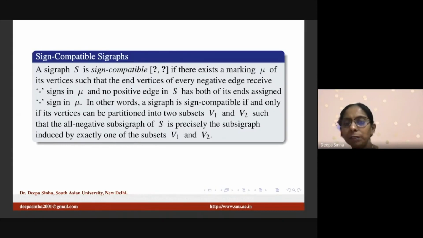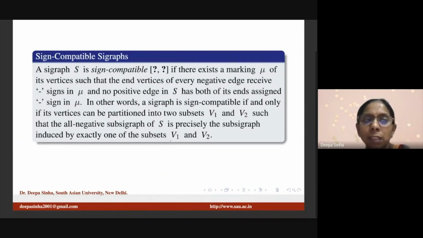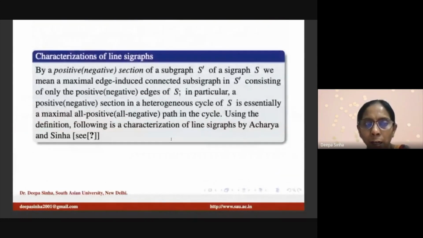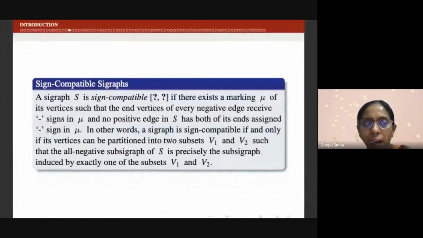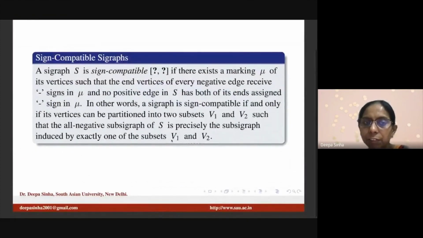This is the characterization: if the vertex set can be partitioned into two subsets V1 and V2, then the sign graph on V1 is all negative, or the sign graph on V2 is all negative. This is a further definition for sign compatibility.